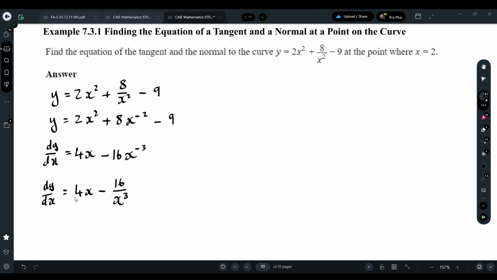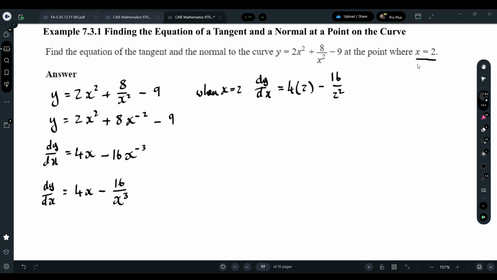Right, now that we have an expression for the gradient function, we need to find out what is the gradient at the point where x equals 2. So we can now say that when x is equal to 2, the gradient of y will be 4 times 2 minus 16 over 2 squared.